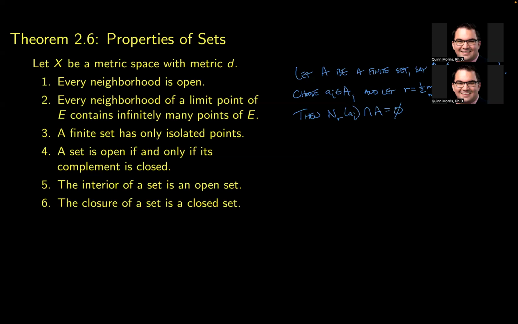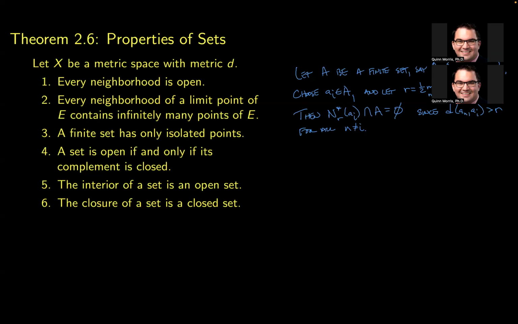Sorry, if I take the deleted neighborhood of A sub i and intersect it with A, that's going to be the empty set, right? Because for everything else, the distance from A sub n to A sub i is greater than r for all n not equal to i. Every other point is greater than distance r away.